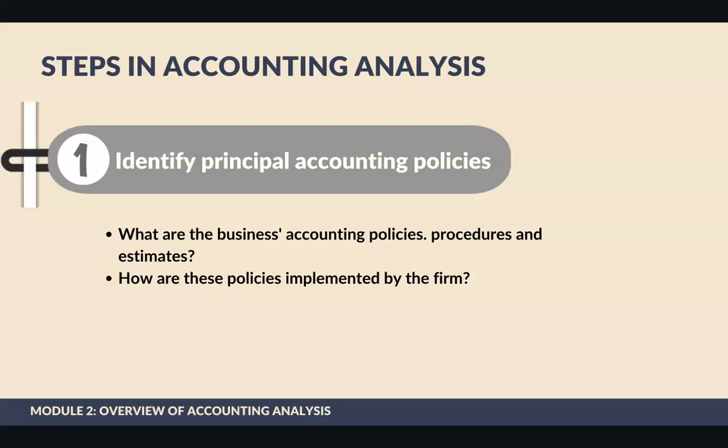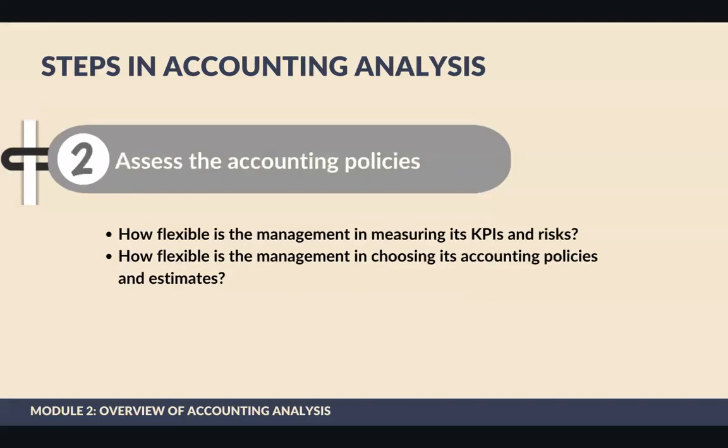Step number two, assess the accounting policies. So when we're assessing the accounting policies, we're looking at the quality of the policies in terms of the management's flexibility in measuring key performance indicators and the risks.